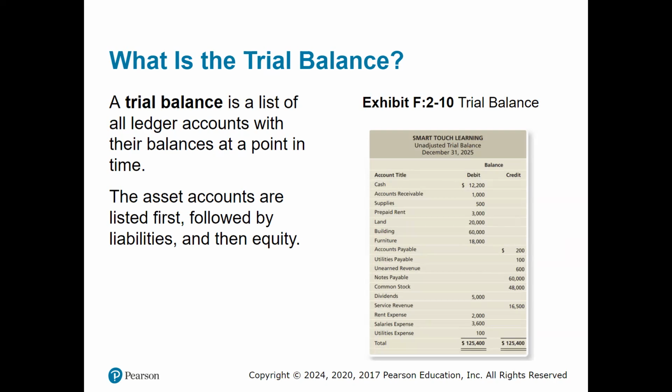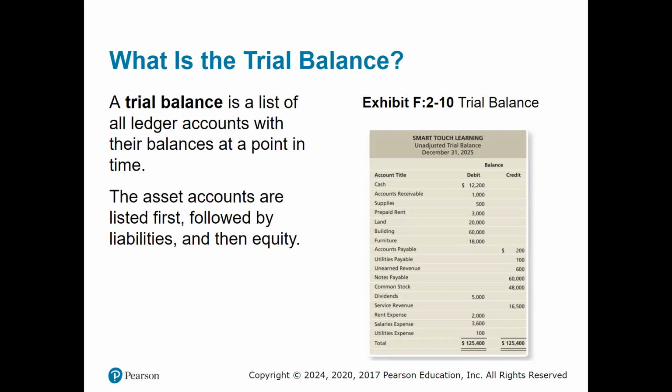And then we see here, the reason that the trial balance is called the trial balance is because at the end of the period, they take all the numbers, they total them up, they make the list, and then they make sure that the debits equal the credits. So do the debits and the credits balance each other? If you made all your journal entries correctly and then you put them into your T accounts correctly, your debits in total should equal your credits in total.